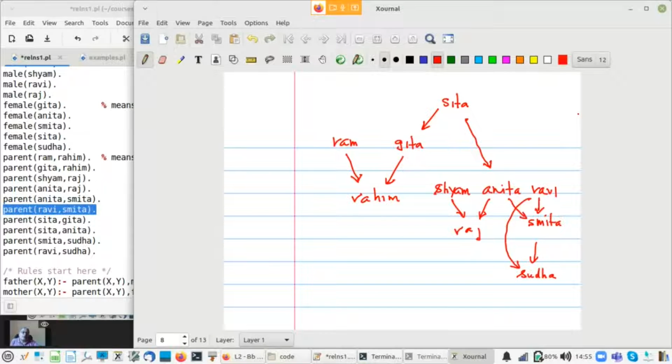So we have no way to know. Unless Anita is a parent of Sudha, Ravi and Anita may have been divorced. Right? So Sudha has some other mother. Well, Sudha actually has Smita as the mother. Right. So you have this rather complex or interesting relationship. So you can conclude that Ravi and Anita must have been sort of separated. There has been some separation at some point, depending on how it went.